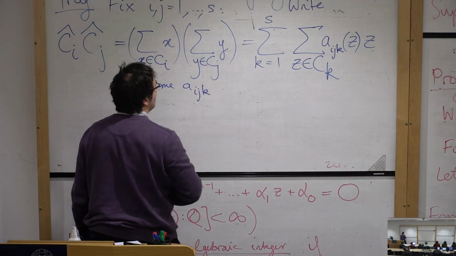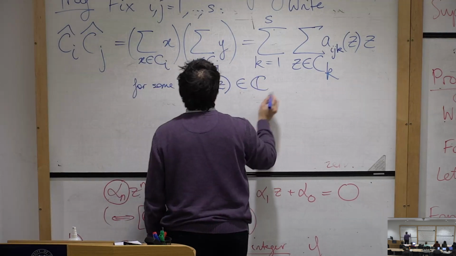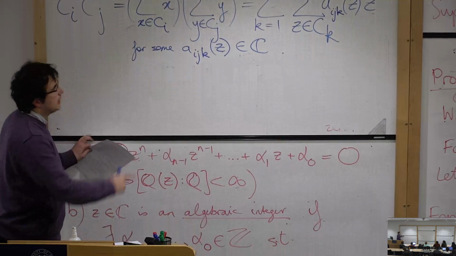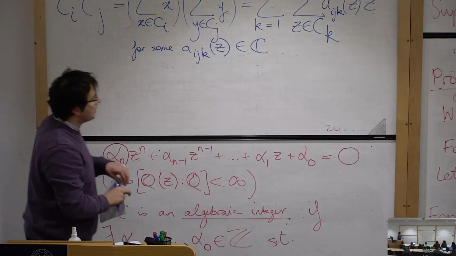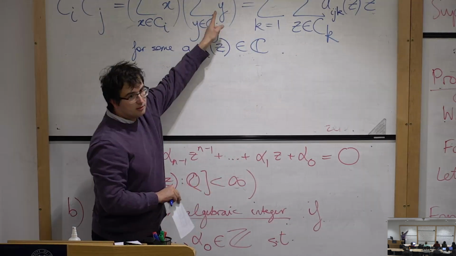Okay, Z, and that's a complex number. But it's better than that, right? It's actually quite coefficient, and see how many times does Z appear as an x times y?